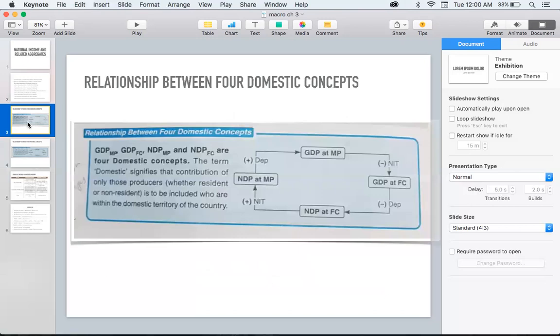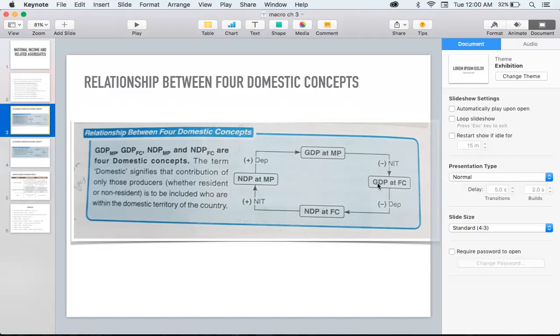Now, next I am going to tell you about the relationship between the 4 domestic concepts. The 4 domestic concepts are GDP at MP, GDP at FC, NDP at FC and NDP at MP. The first one, GDP at MP. If I subtract the net indirect tax from GDP at MP, what will I get?